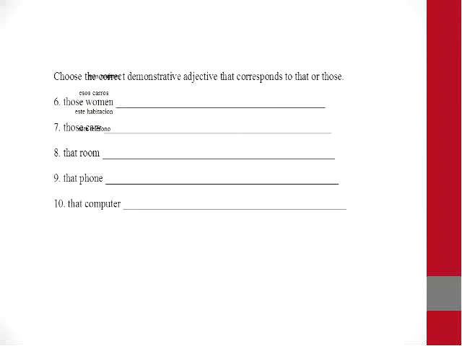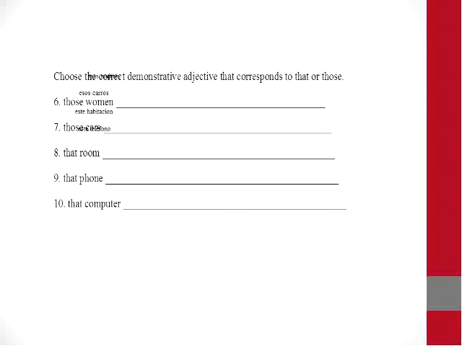Number 9. Yeah, we have ese teléfono. And remember, we're not using este, we're using ese because we're referring to that, or those. The second level of proximity. Okay?